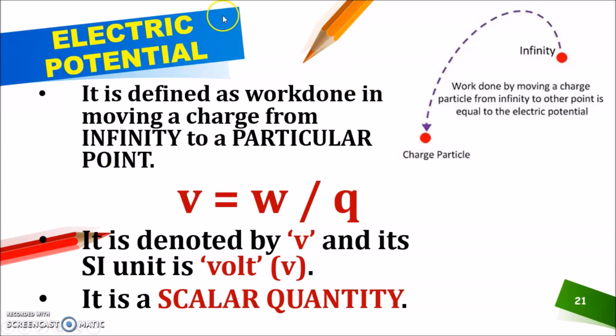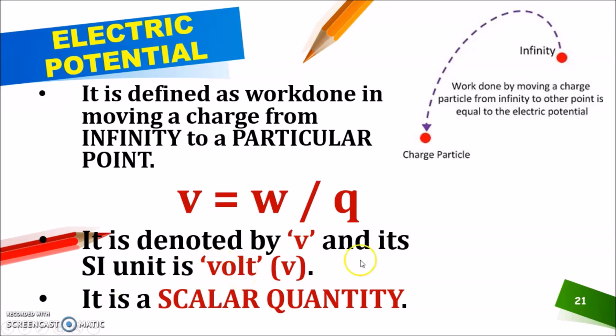With the help of this statement, we can derive this formula. V means potential. We can denote electric potential with this alphabet V, equal to work done per unit charge. This is denoted by V and its SI unit is volt.